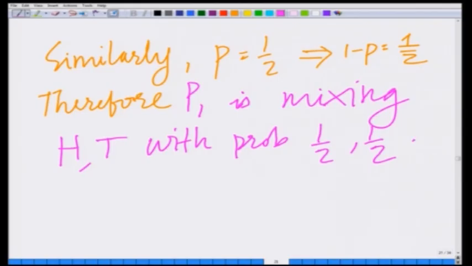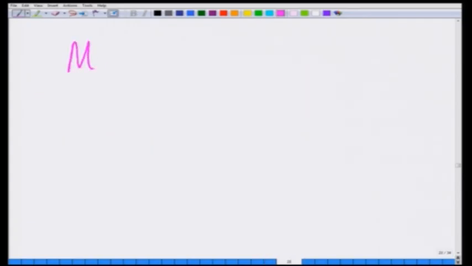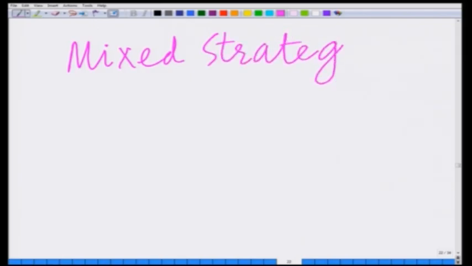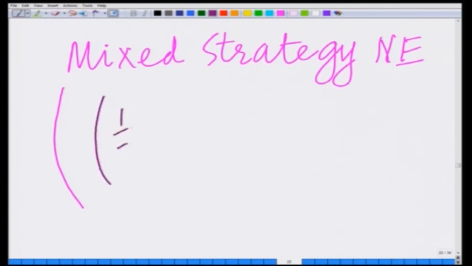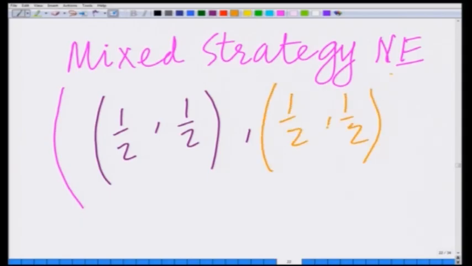Therefore, the mixed strategy Nash equilibrium for this game is now given as, well, we have to give one mixture for each player, that is half comma half for player 1, half comma half for player 2.